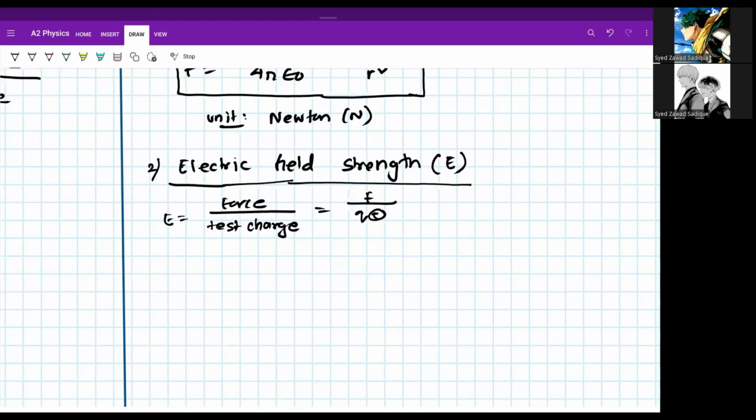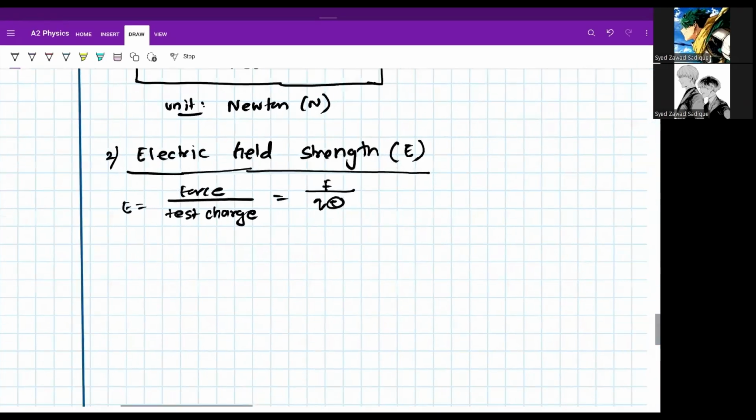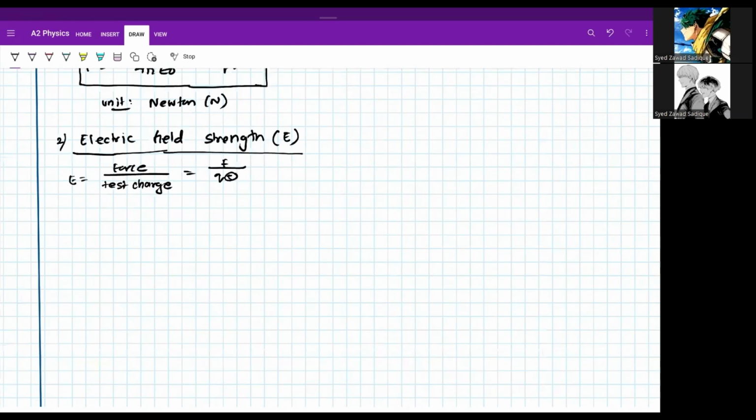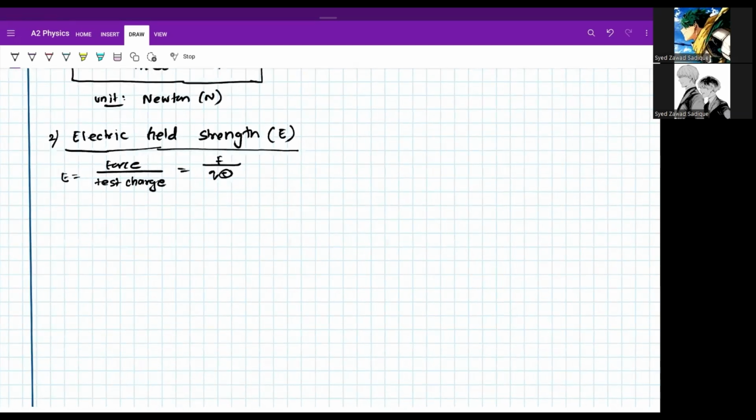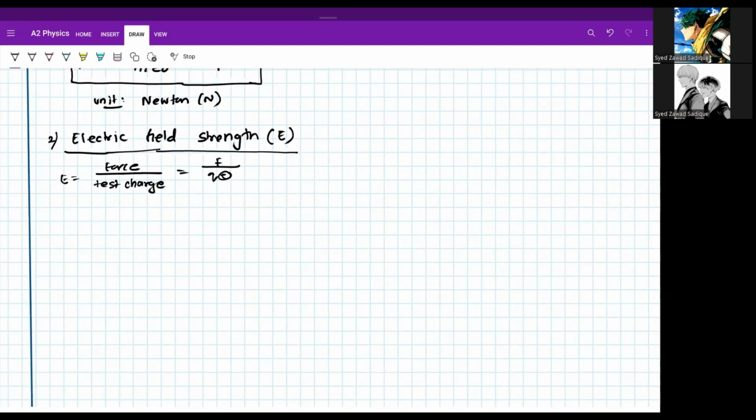Again, I'll just draw a little diagram. Let's say this is capital Q, this is small q, and this is the distance. If both of these are positive, one force will act towards here, and the force from Q will act towards this direction. So what will be the electric field strength of capital Q on small q?